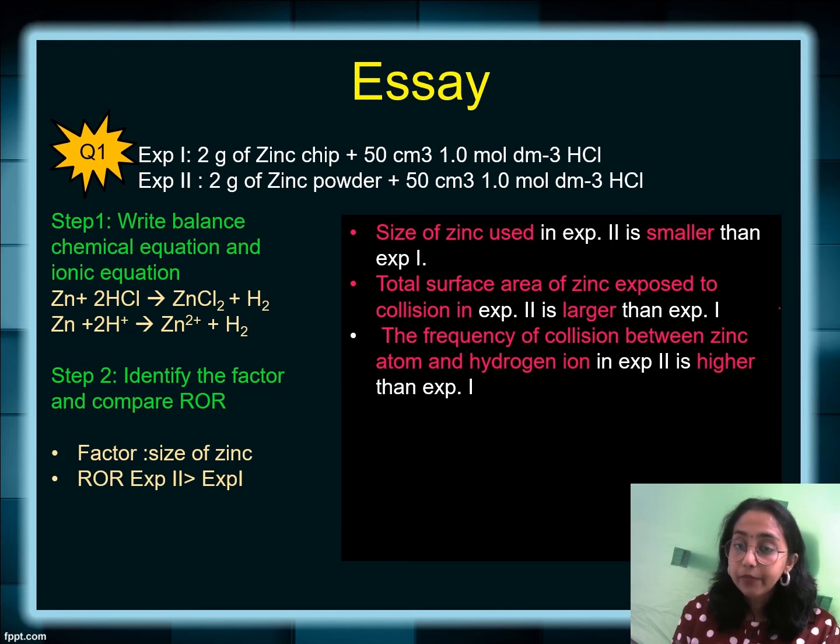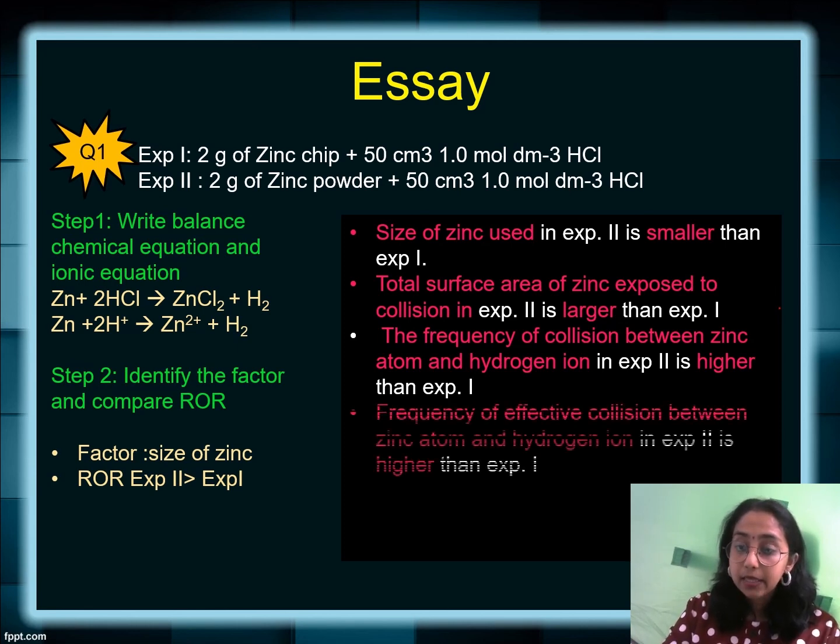When we are talking about frequency of collision, students, please be careful. We don't say frequency of collision between the particles. You have to mention the particles. For you to mention the particles, you're going to refer to the ionic equation. So what are the ions involved? Zinc atom and hydrogen ion. So that is what you will mention in your frequency of collision. So frequency of collision between zinc atom and hydrogen ion in experiment 2 is higher than experiment 1.